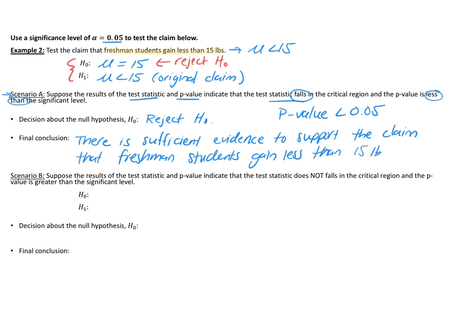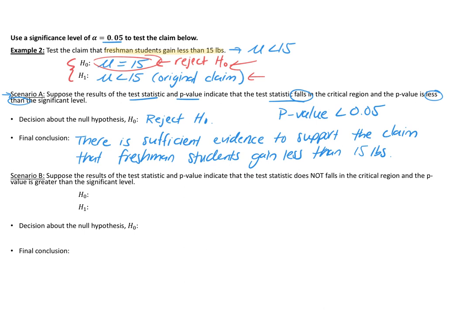And if you stop for a second and think about this, it kind of makes sense, okay? Since we're rejecting the null hypothesis that the average weight gain is 15 pounds, therefore, the sample data must support the other hypothesis, which is also the original claim. So that's why we would say that our evidence supports the original claim, which is freshman students gain less than 15 pounds, okay?